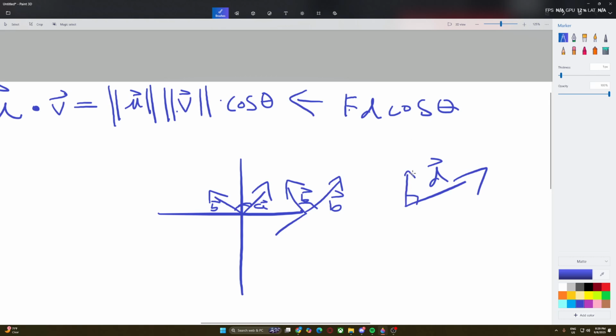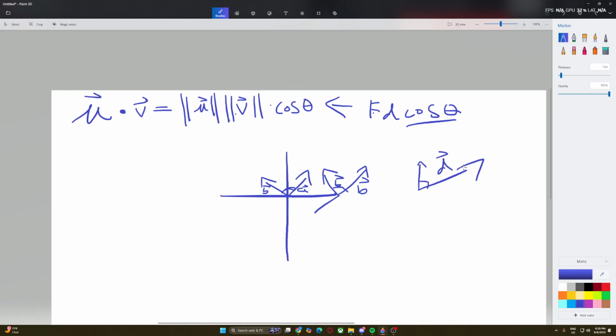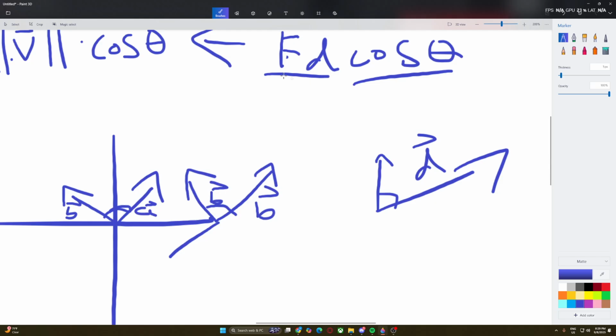It's kind of saying, how close are they to pointing in the same direction? And let's multiply these two magnitudes for a given problem, like in work, where you need to multiply force and distance.